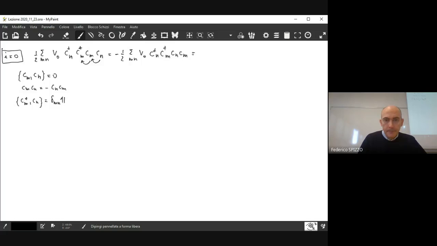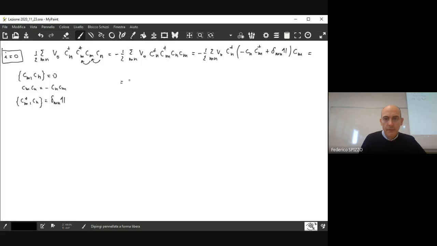So this is equal to minus 1/2 summation over m and n of V0 C cross n, then the same terms exchanged with a minus sign in front: minus Cn C cross m, plus delta mn times identity, and then the last term is Cm.